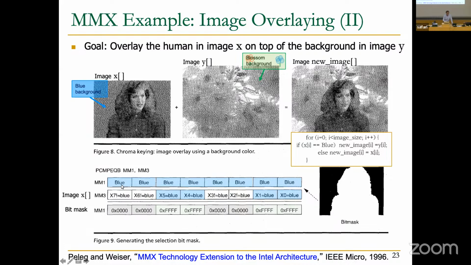So if these two 8 bits are equal, you'll get ones over here. In this case, they're not equal because this is blue and this is not blue. It's encoded some way, of course. These are zeros. So these two pixels over here are not blue, so you get zeros in the bit mask. These 2 pixels happen to be blue, so you get all ones in the bit mask. And these 2 pixels are not blue, and you get zeros, and these 2 pixels are blue, and then you get ones, as you can see.